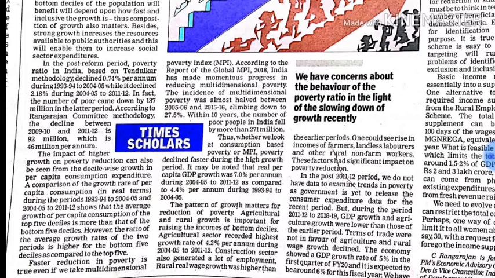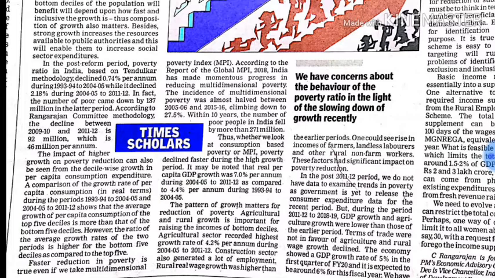Faster reduction in poverty is true even if we take the multidimensional poverty index (MPI). According to the report of the Global MPI 2018, India has made momentous progress in reducing multidimensional poverty.